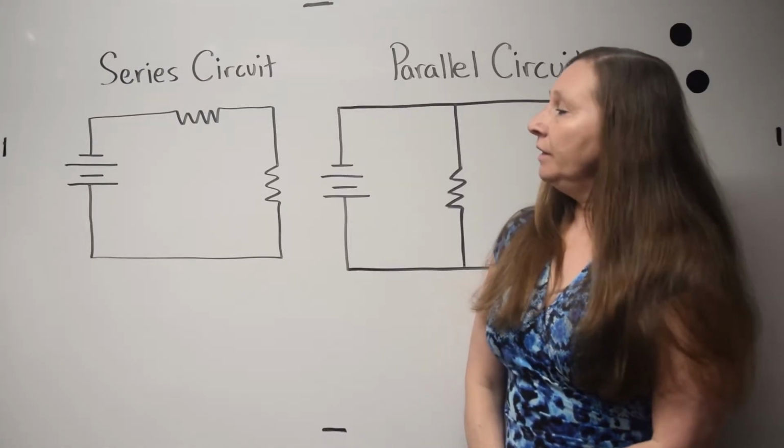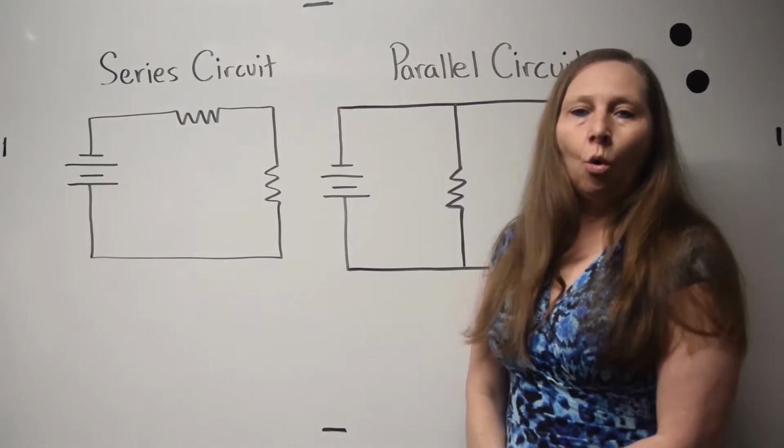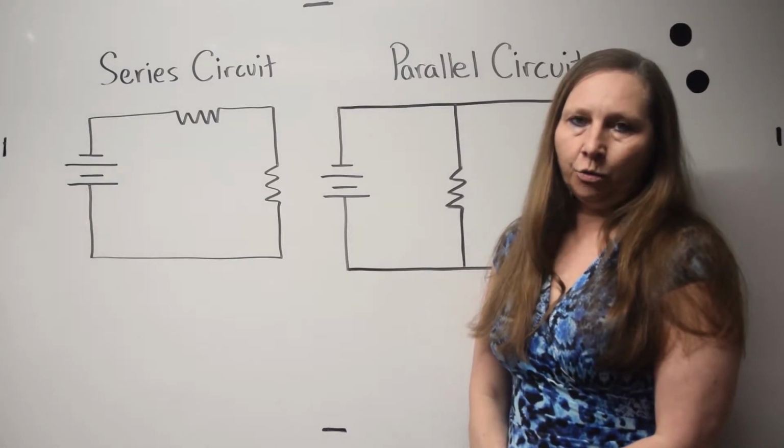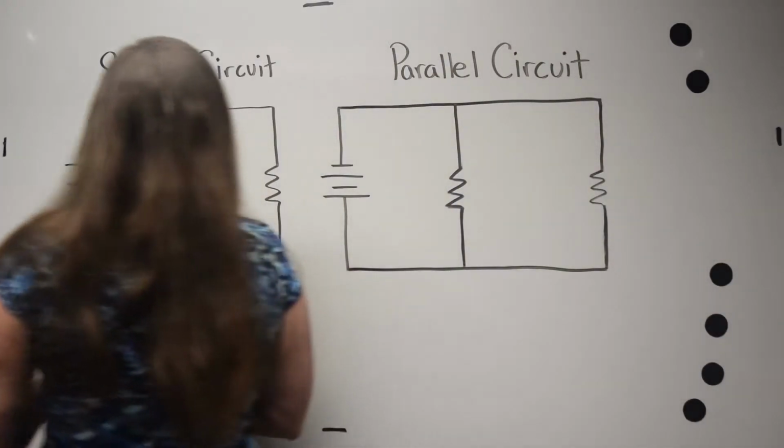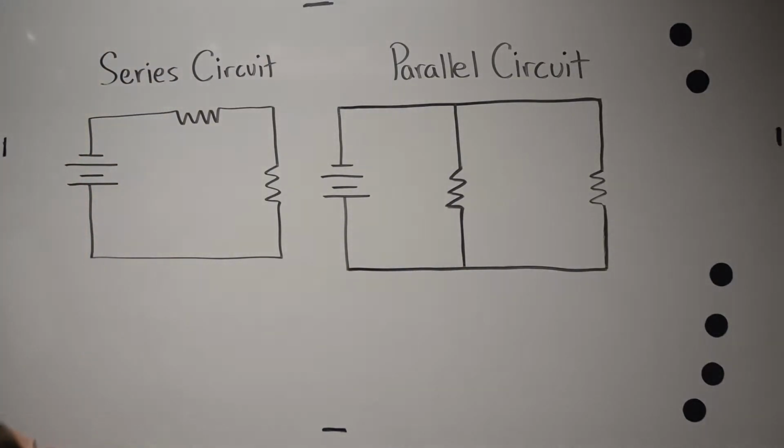We have said that in a series circuit, all the currents are equal. That means that the equation for calculating total current in a series circuit is going to look like this.